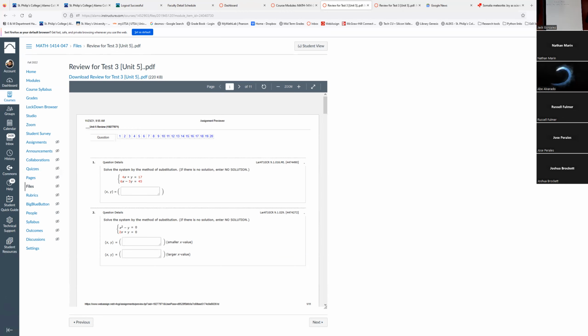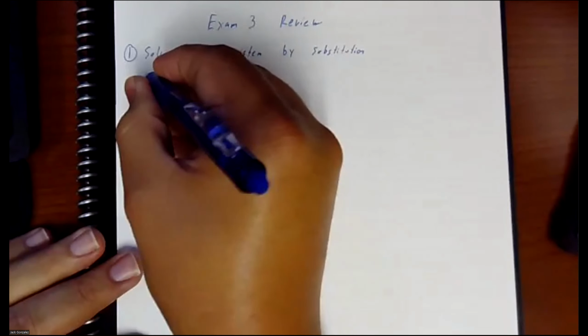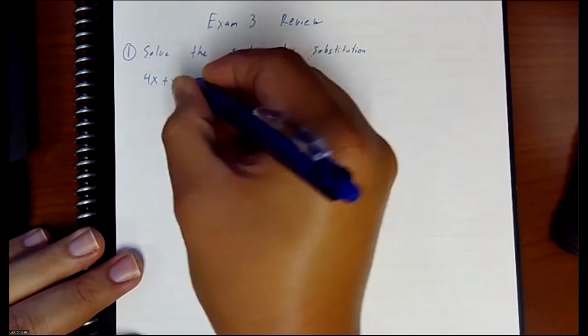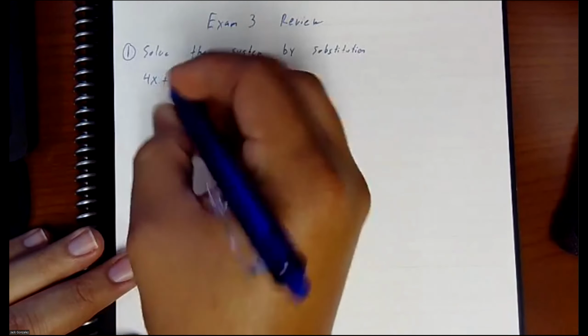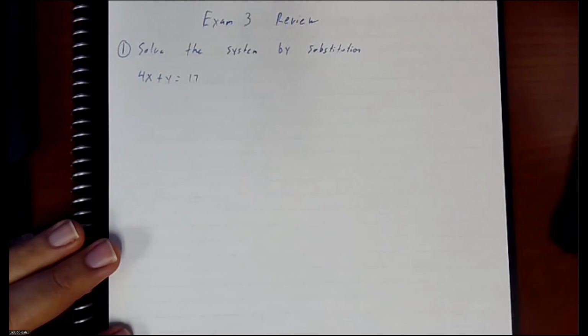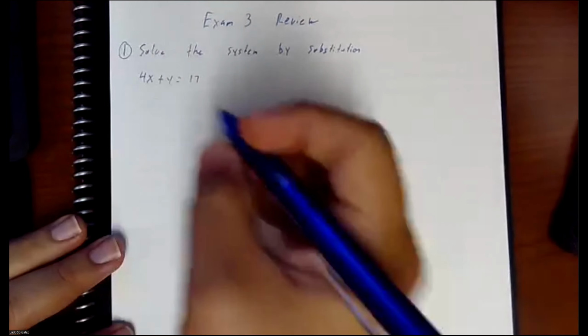The first one, again, I'm not going to do substitution. We'll save it for the next one. Equation 1 is 4x plus y equal to 17. No, Nathan, you don't have to show anything for this exam.